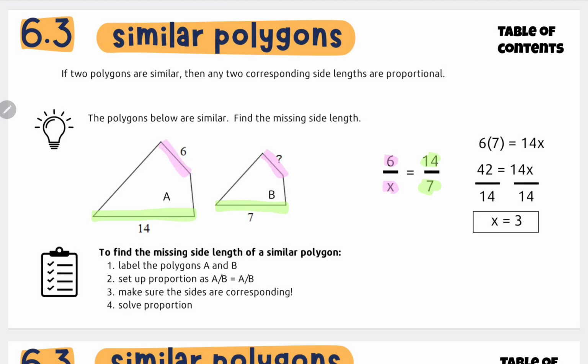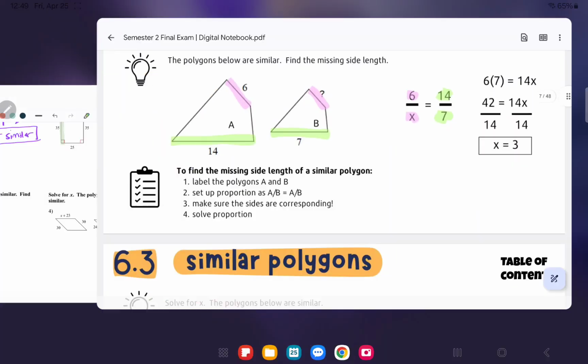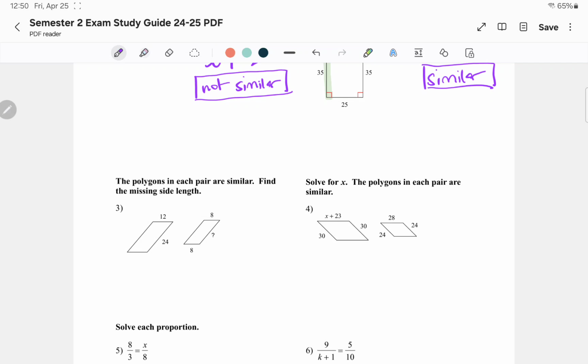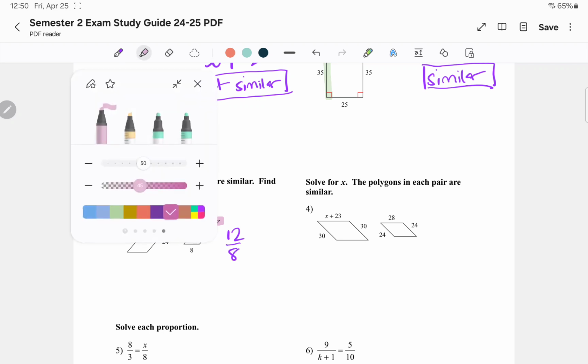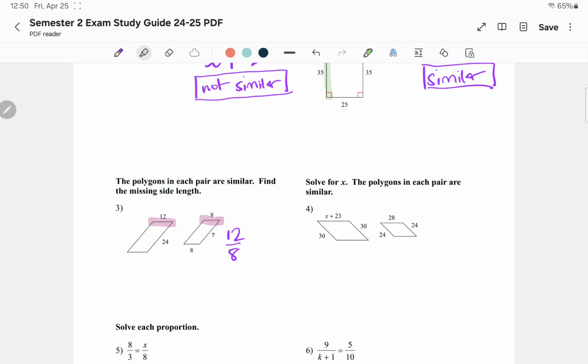We're going to highlight the corresponding sides, put that into our proportion, and use that to solve for x. Our corresponding sides would be 12 and 8. Then another pair of corresponding sides would be 24 and this question mark, which we're going to call x.